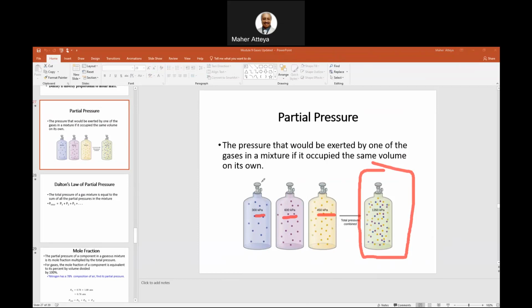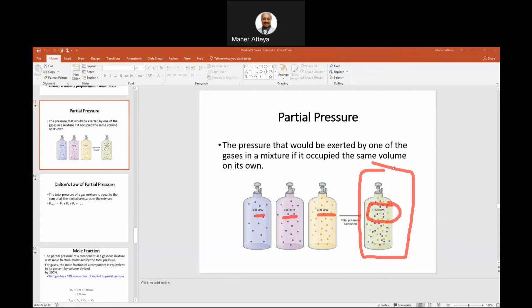Each one will contribute to the overall total pressure. So this one is 300 kilopascal, 600, that's 900, 450, and the total is 1,350, the sum of all the partial pressures: 1,350 kilopascal.